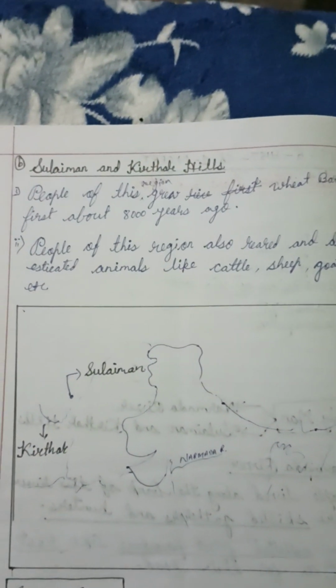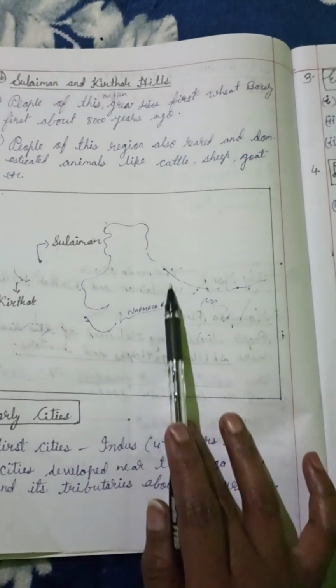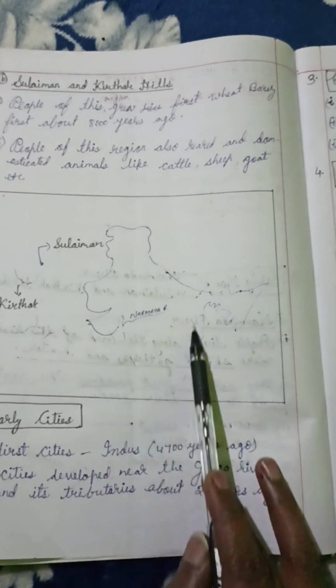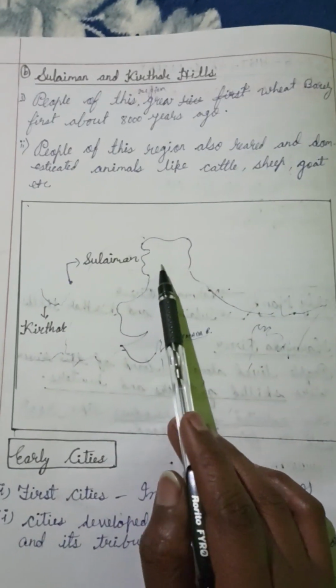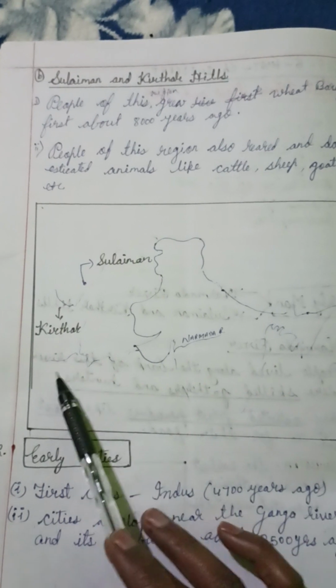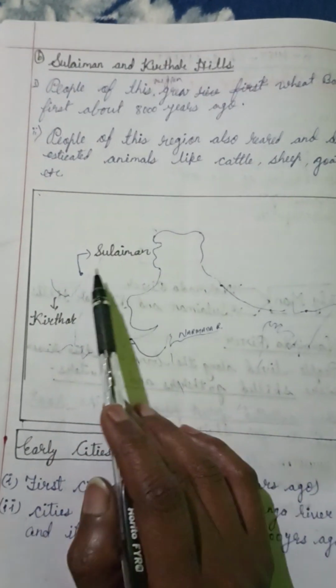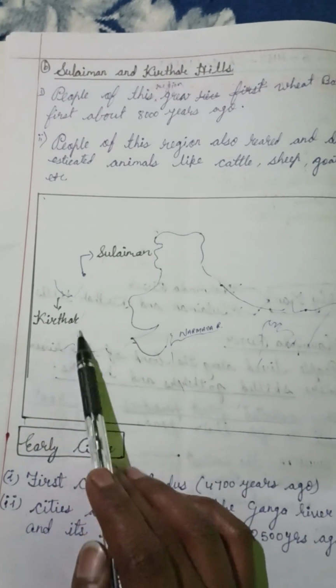First, see Suleiman and Kirthar Hills on the map. This is the rough map of India. Here is the Narmada River. I just tried to make a rough sketch of Pakistan. Here is Suleiman, and south of Suleiman, here is Kirthar.